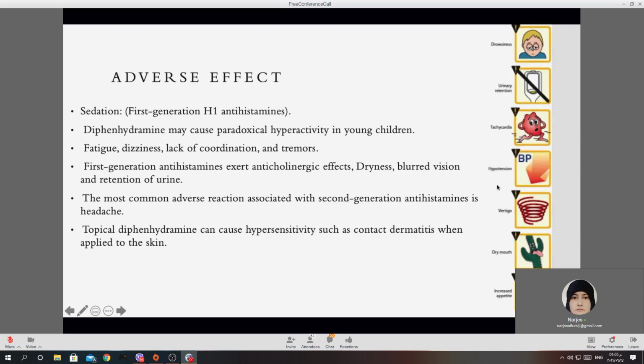Headache can be seen with second generation antihistamines. Some topical medications can cause hypersensitivity.